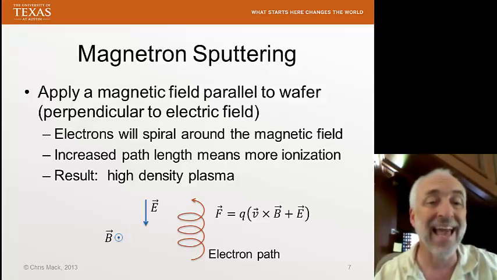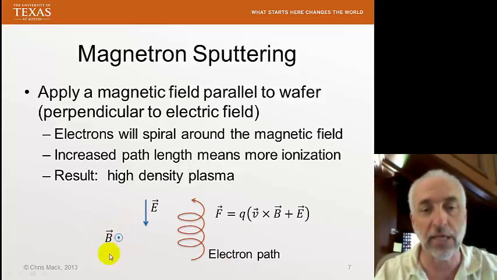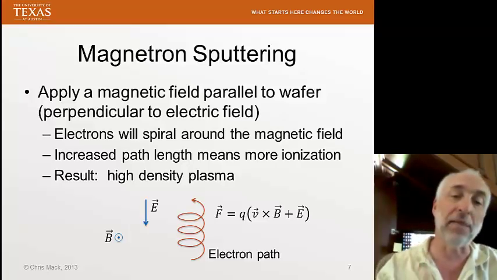But if we add, in addition to the electric field, a magnetic field that's parallel to the wafer and thus perpendicular to the electric field, what's going to happen? Well, we're going to get an electron that moves not in a straight line but in a spiral.